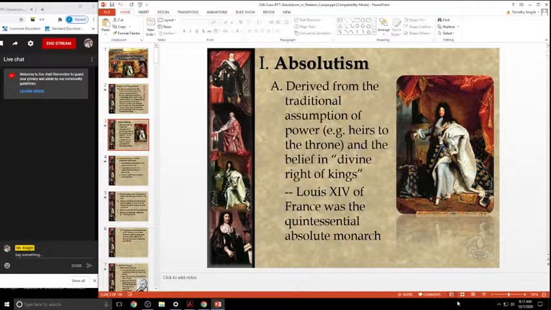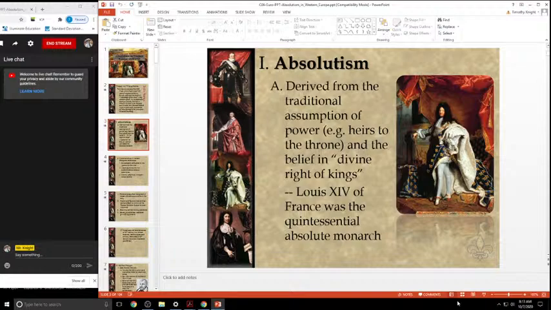However, for the rest of Europe, there's going to be this trend where most places gravitate more and more towards creating these absolutist states. And the most quintessential absolute monarch that we need to learn about in Western Europe, in particular France, was Louis XIV.